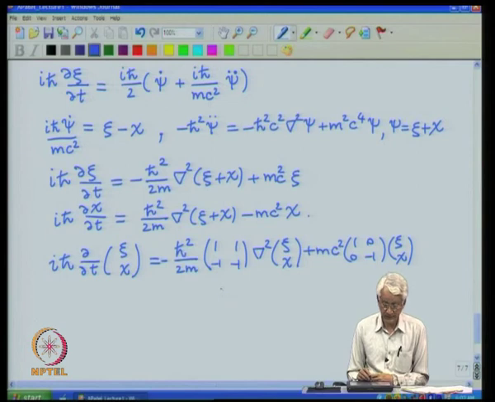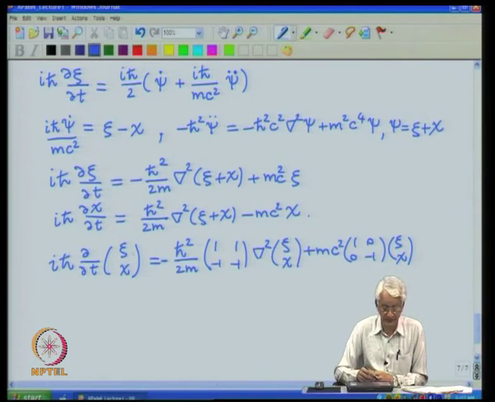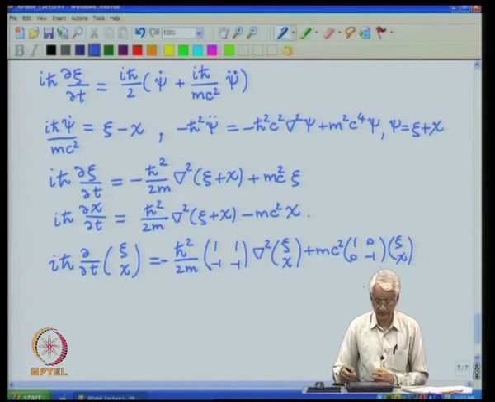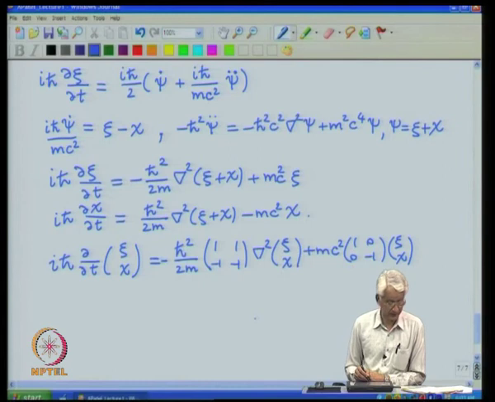And this equation can now be rewritten in various possible ways by choosing a suitable frame, and that frame will correspond to a linear transformation on this two component vector. In a particular case, what can be done is you can go from a frame in which the particle is moving to one in which the particle is at rest, and by construction we have defined the state so that the identification of zeta and chi in the rest frame is very easy in terms of what charges they carry and which degree of freedom they correspond to, particle or antiparticle.